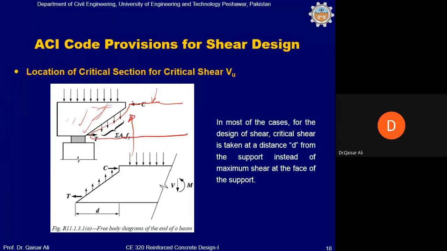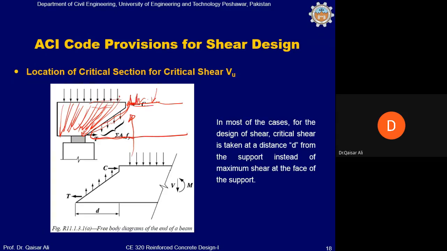So it is the load on the right part of the beam which is sliding the left part, because the load on the left part of the beam is directly going to the support, without causing any shear crack or shear stresses. So it is the load on the right of this beam which is causing these shear stresses.